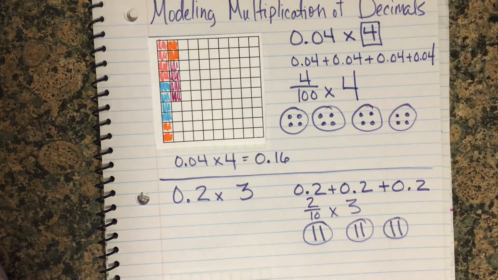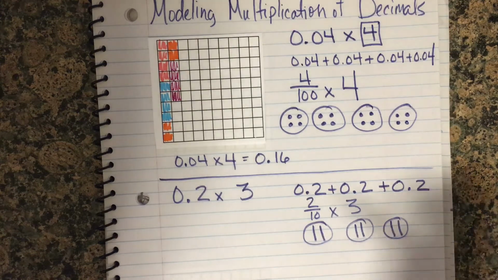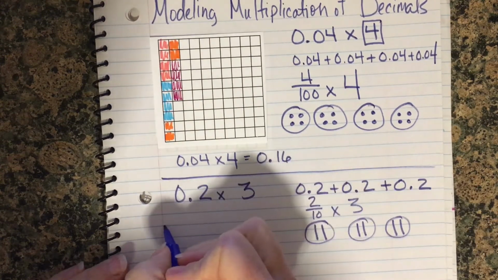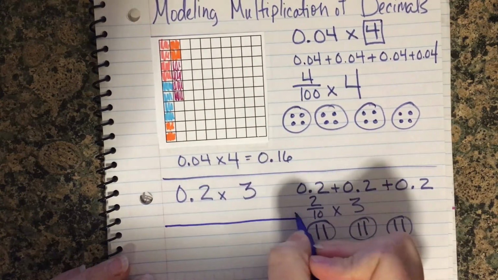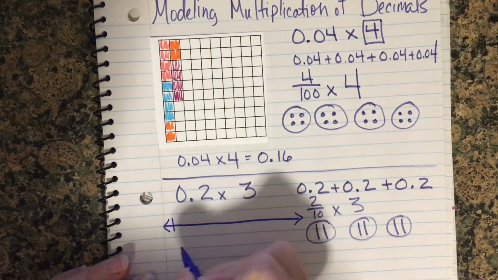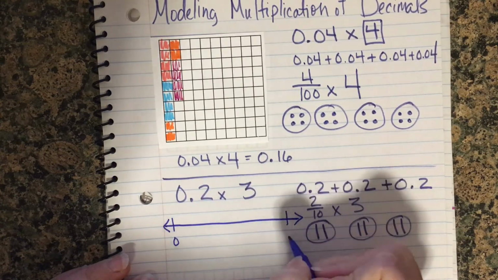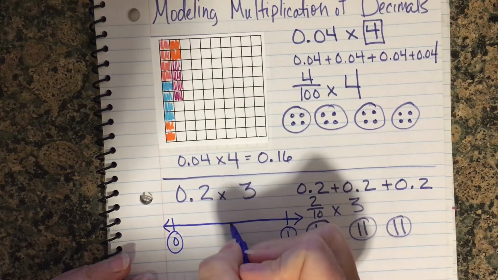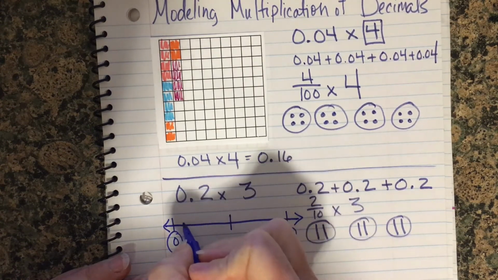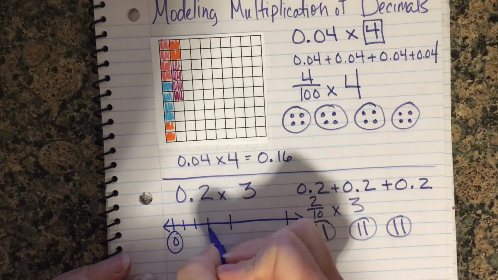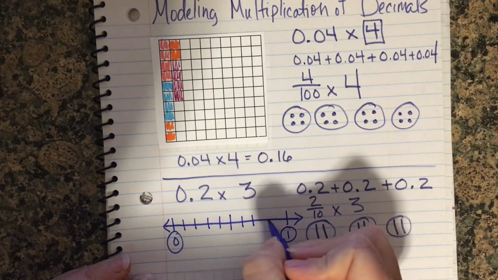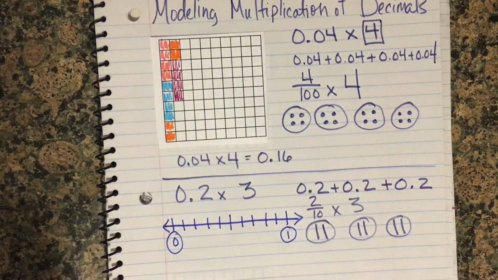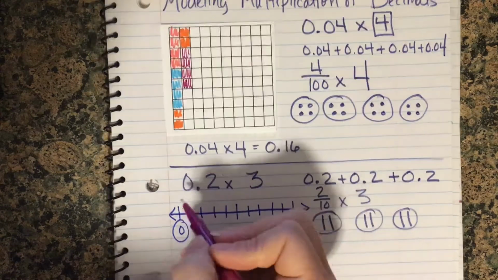But another way they often throw at you guys is using a number line. Let's make this 0 and 1. And what they'll do on the number lines is model 2/10 3 times by jumps.